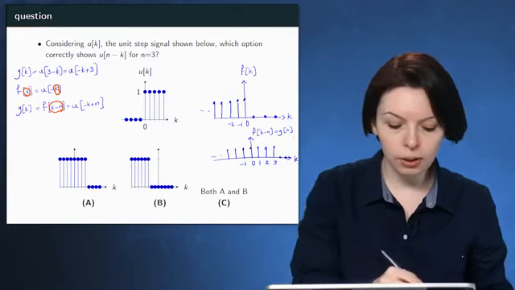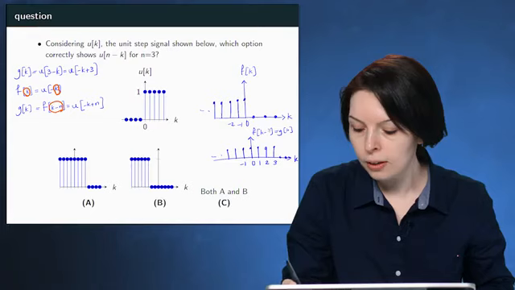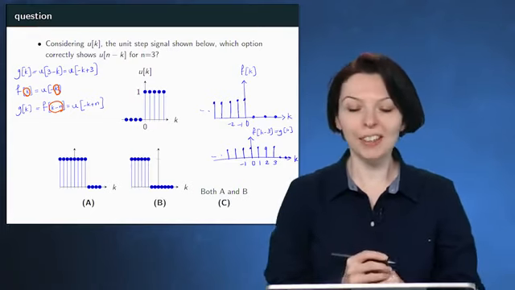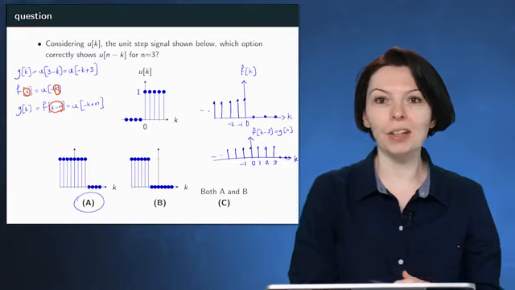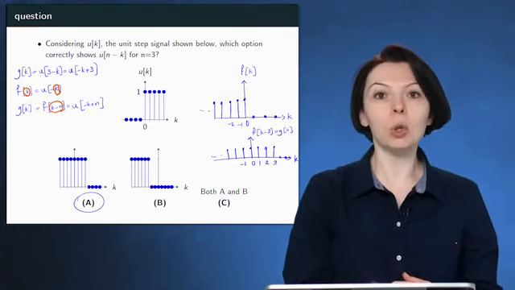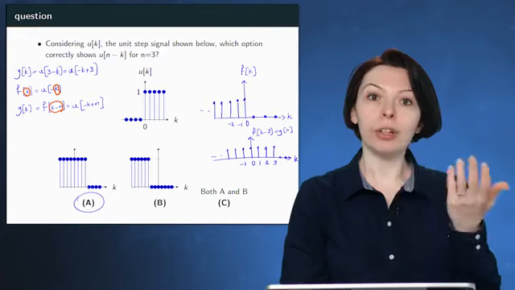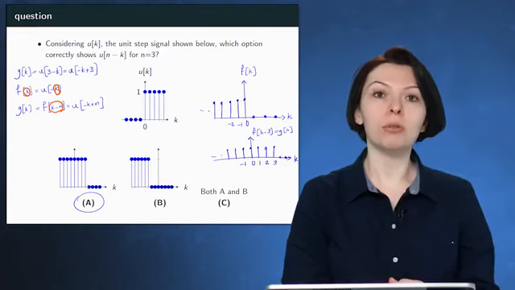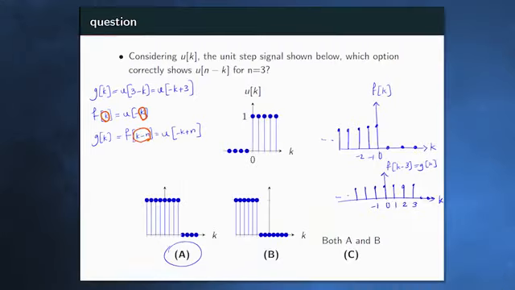I have this one as n equal to 3. So this is my g of k. All right, so this answer is correct. Answer A is the correct answer. So to be able to build u of n minus k, which is a function of k, I flipped u of k and then shifted the signal by n points to the right.